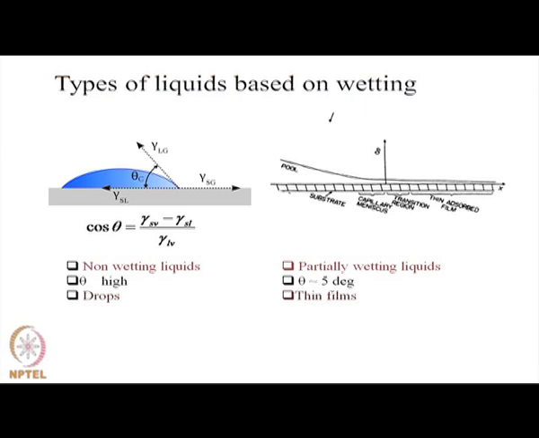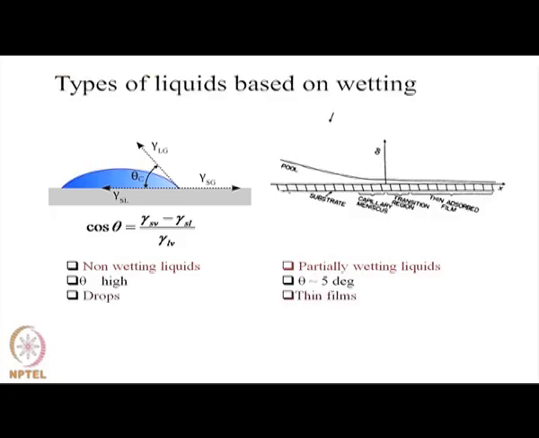Now, types of liquids can be divided based on how they wet a solid surface. In this figure you would see that we have a non-wetting film on the left and a wetting film on the right. The non-wetting film is characterized by the presence of a finite contact angle, and the contact angle is related to the surface energies as shown over here, gamma SV minus gamma SL divided by gamma LV.